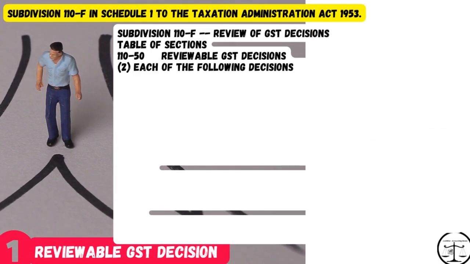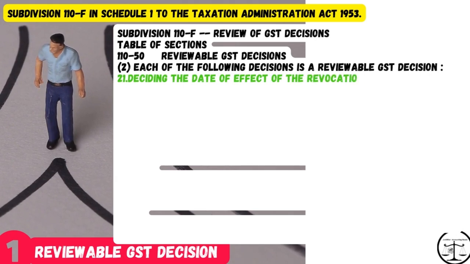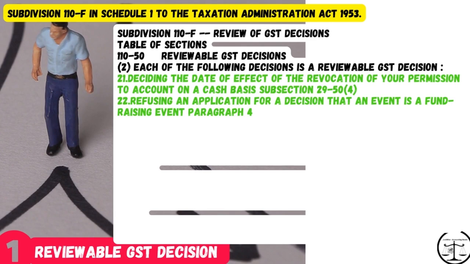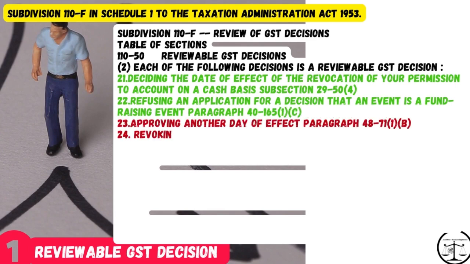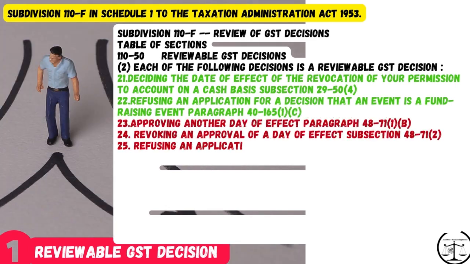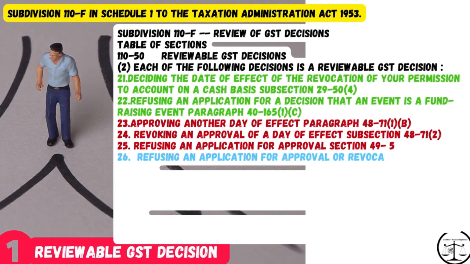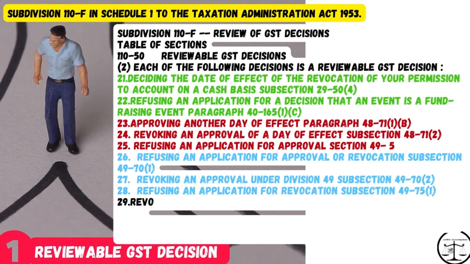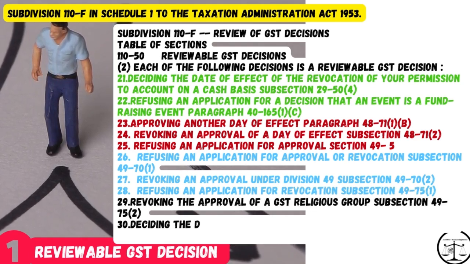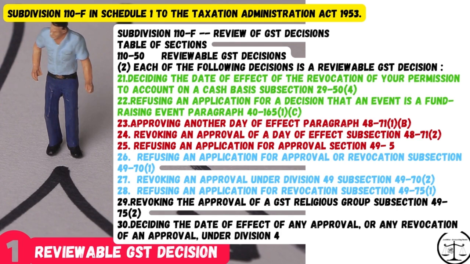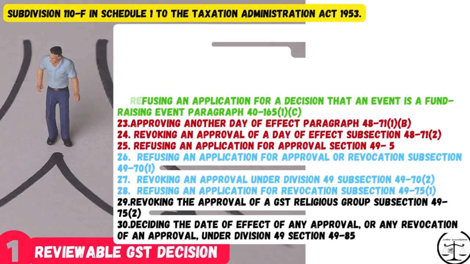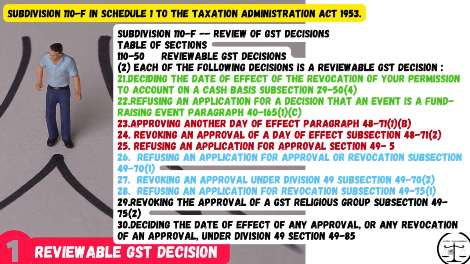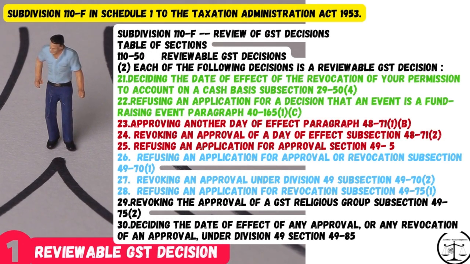Deciding the date of effect of the revocation of your permission to account on a cash basis, subsection 29-54(1). 22. Refusing an application for a decision that an event is a fundraising event, paragraph 40-165(1)(c). 23. Approving another day of effect, paragraph 48-71(1)(b). 24. Revoking an approval of a day of effect, subsection 48-71(2).